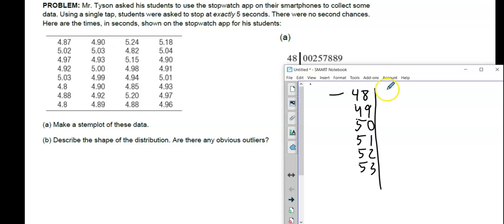Okay, so 48, so there's a 7 there. I'm just going to put them not in order this first time. I'm going to go downward, so 5.02, 4.97, 4.92.